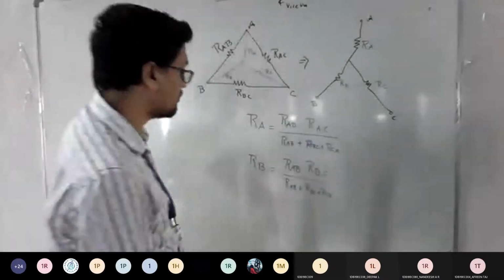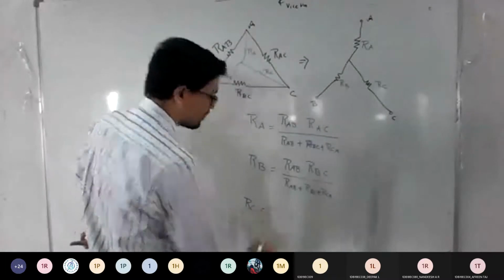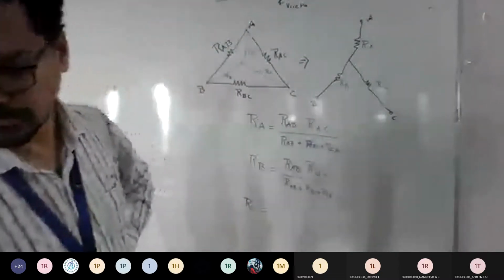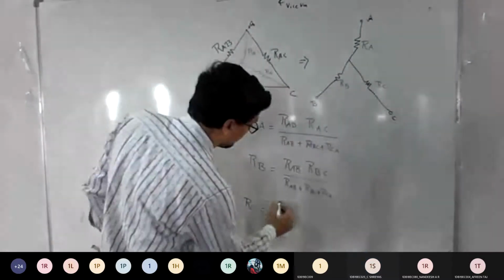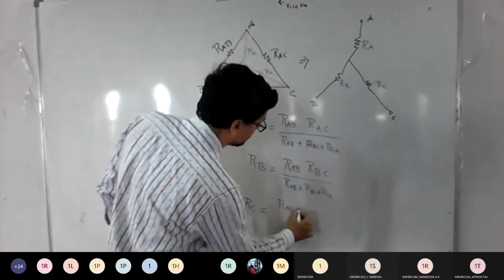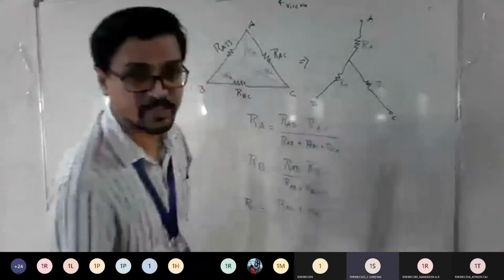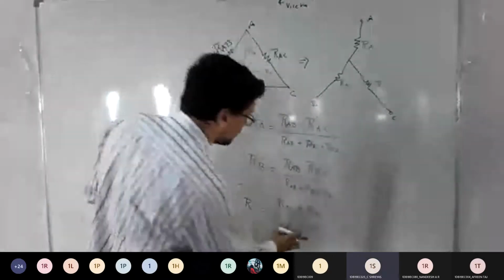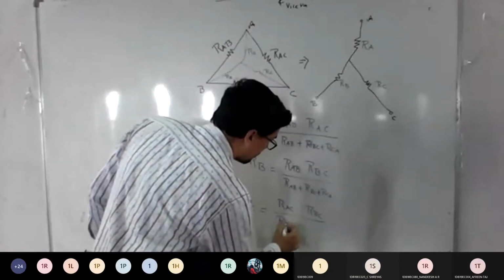So similarly, can you tell me for RC also? What is RC equal to now? RAC into RBC. So RC is here. Good. So RAC plus RBC, is it plus or into? Into, sir, multiplication. So into, whole divided by the denominator, which remains the same.